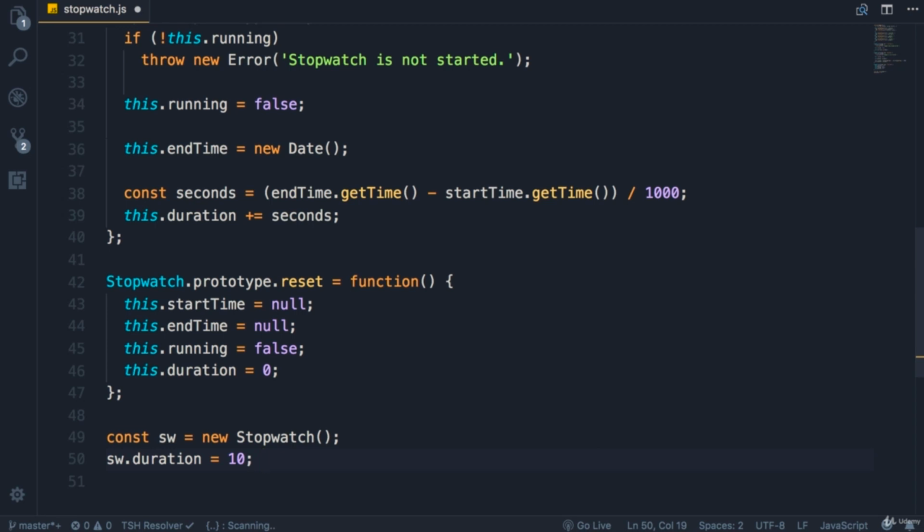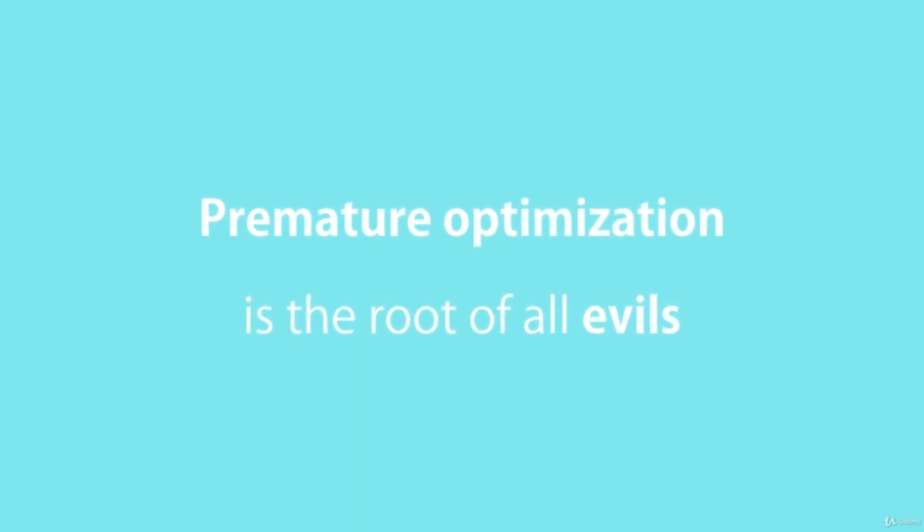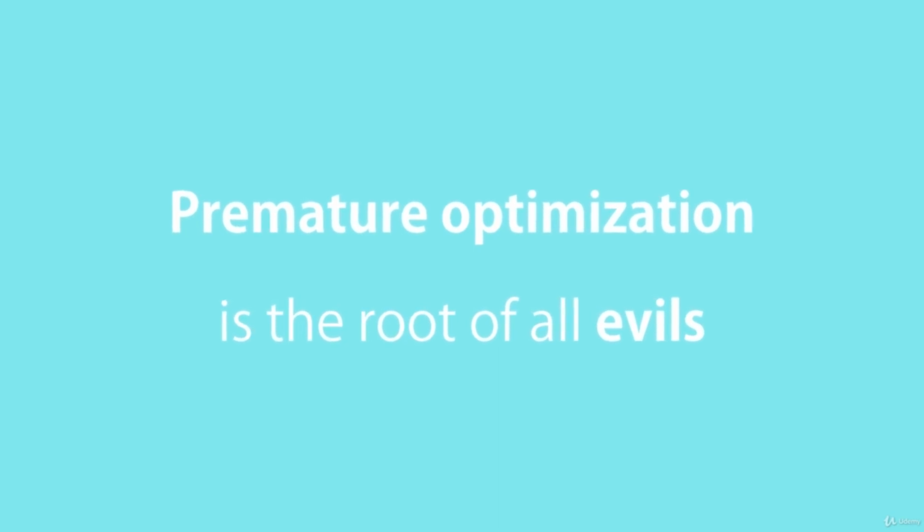It broke the abstraction principle, and now we're exposing this duration property so we can modify it from the outside. So essentially, this stopwatch object is now useless. There is a famous saying that premature optimization is the root of all evils. And here we have a real example of premature optimization.